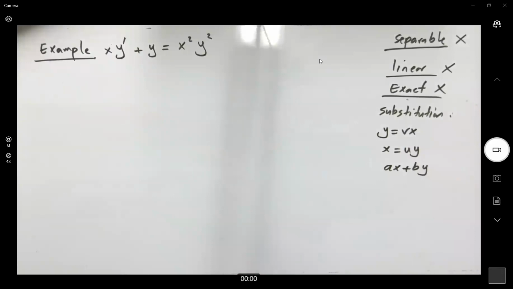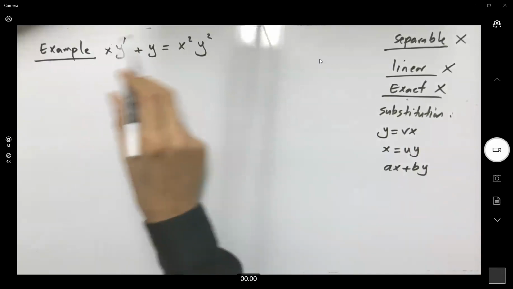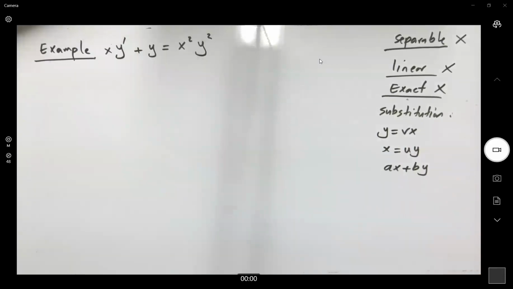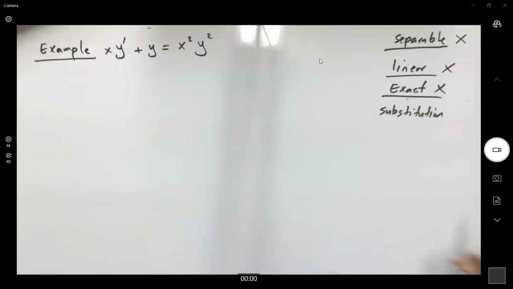Some other times, however, these methods of substitution do not work. But if we look at the equation, we might see something similar to this form. Substitution for a form like this.